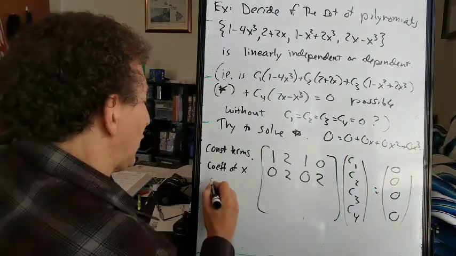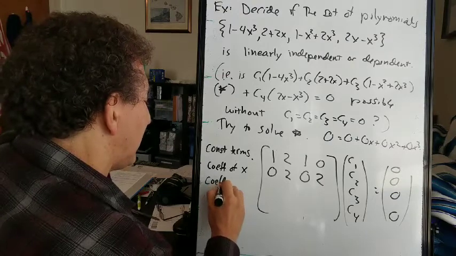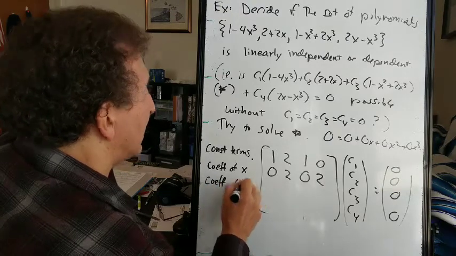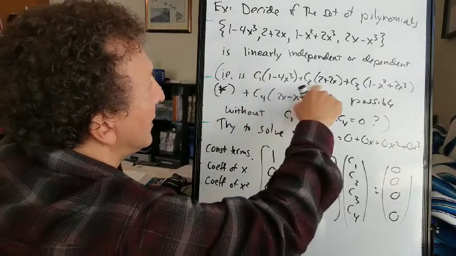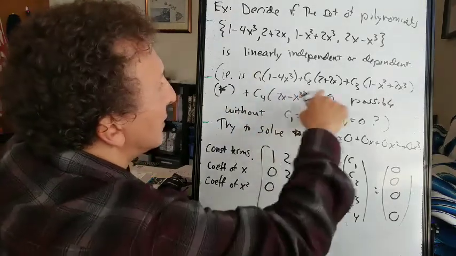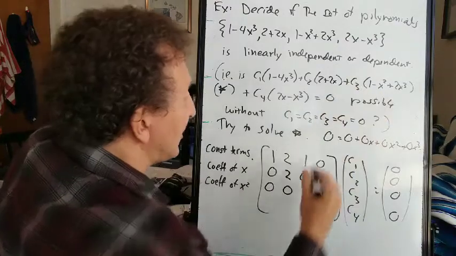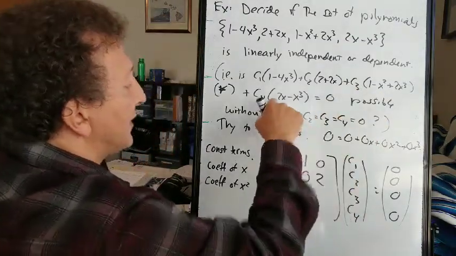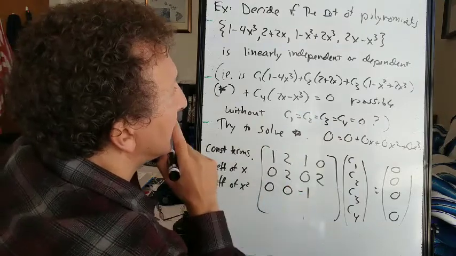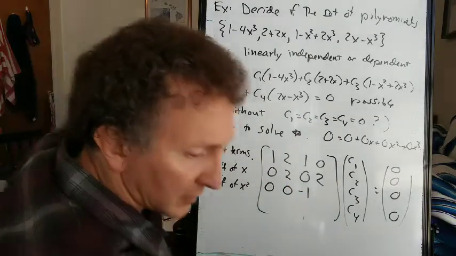And then if we look at the coefficients of x squared, we've got nothing c1, nothing c2, minus c3, so minus 1 c3, and then nothing c4.